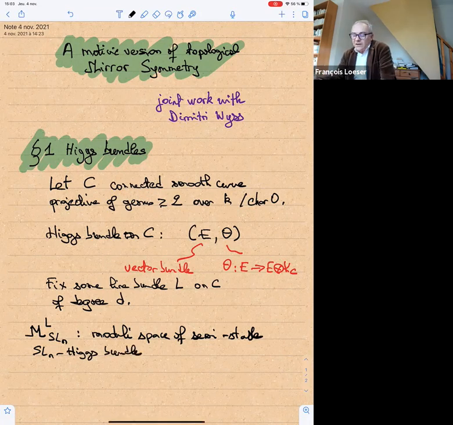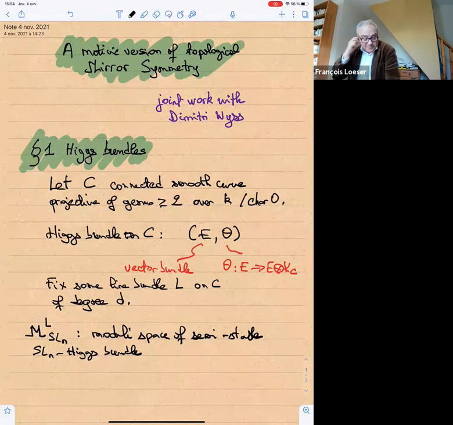In the context of Higgs bundles, there are notions of stability and semi-stability, which are exactly the same as for usual bundles, except that we consider only sub-bundles preserved by theta.